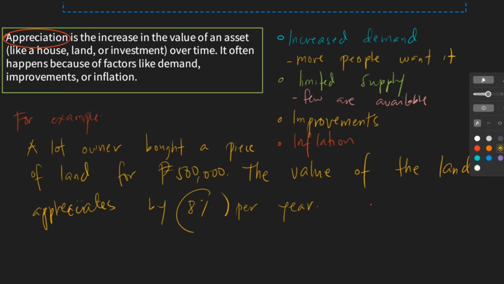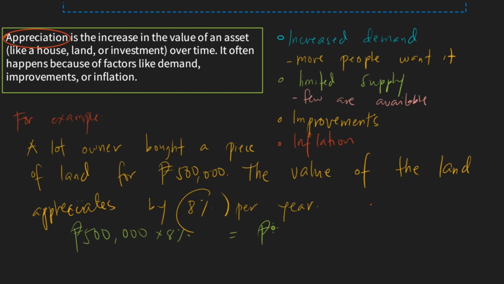So let's say that you have 1 year. We are going to multiply the appreciation percent, which is 8%, by 500,000 pesos. That means each year the increase will be 40,000 pesos.